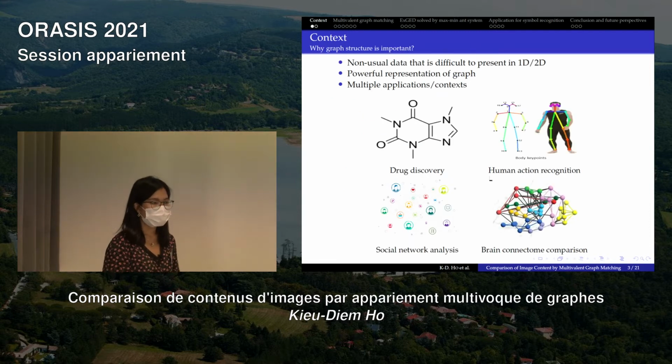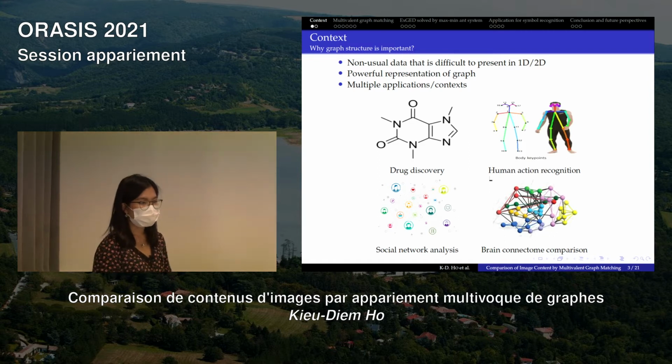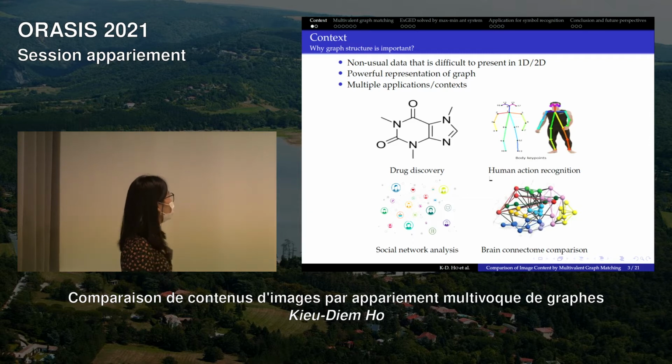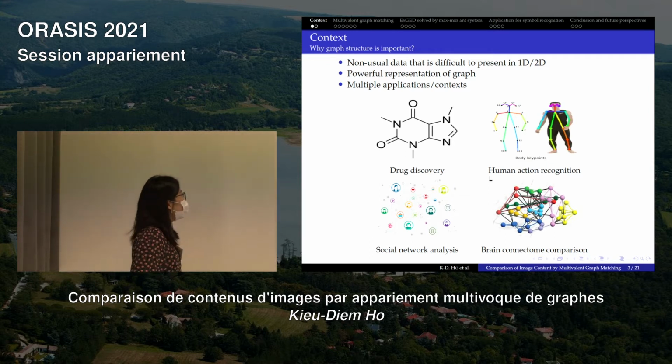In fact, in daily life, we usually deal with numeric data, but besides that exists another kind of data: the graph structure, which is a non-usual data. It's difficult to present in 1 or 2 dimensions. However, the graph structure has a very powerful representation, and so it's applied in multiple application contexts.